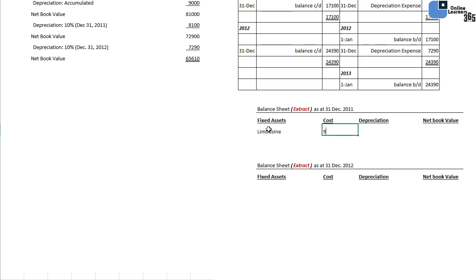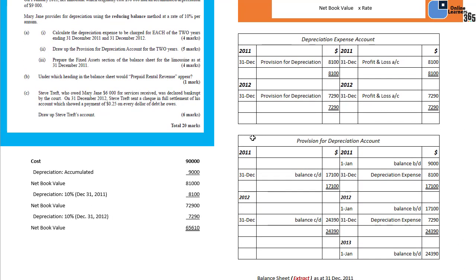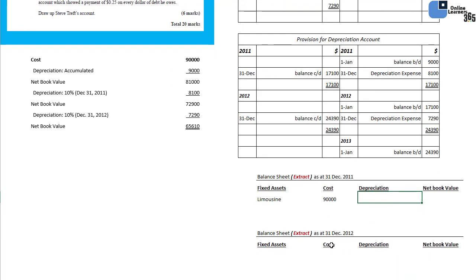The cost, as we know, 90,000. Now the depreciation on that item in the balance sheet would be the accumulated depreciation or the provision for depreciation, or simply put, the balance to date of all depreciation. Now we're looking at the end of 2011.